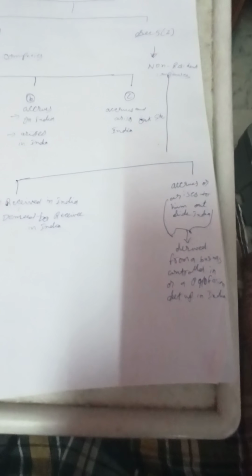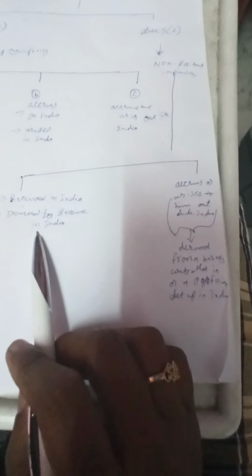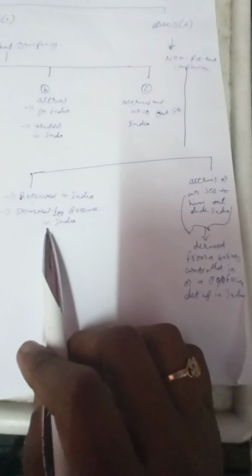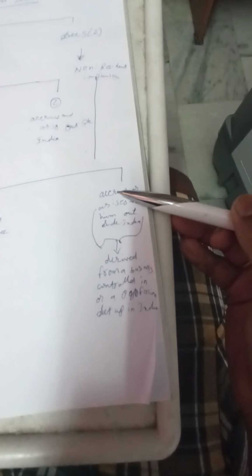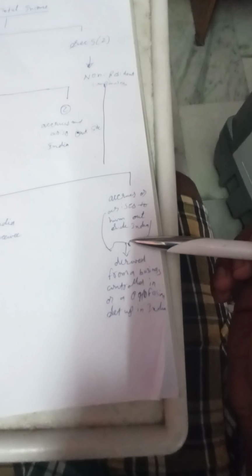Now come back to the non-resident companies. For the non-resident companies, you have only two scenarios. One is received in India and deemed to be received in India. And the next one is accrued or arisen to him outside India.